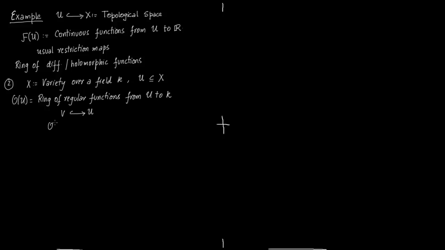So say X is a variety over a field K, and U is a subset of X. So U is an open subset of X. So O of U is the ring of regular functions from U to K. So you have this contravariant map.